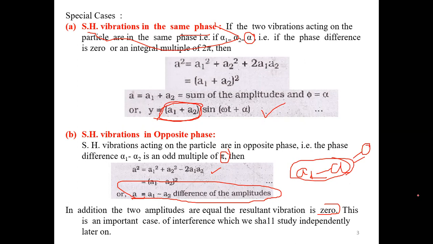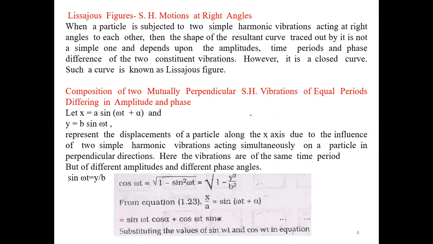That means this is a special case of destructive interference. On the other hand, if the phases are the same, the amplitude becomes double, which you have studied in constructive interference of light in your first semester.